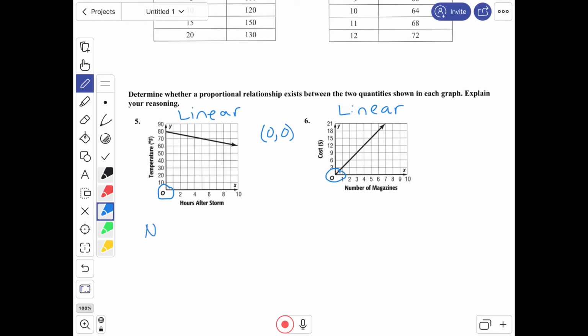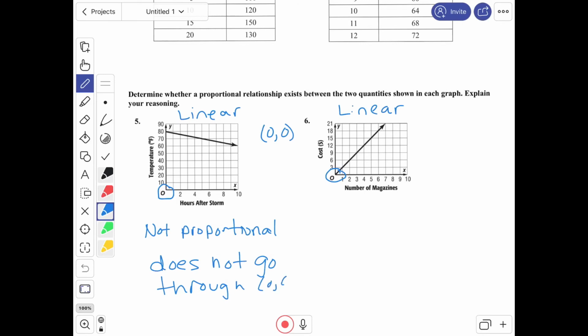And this one on the left, number 5, does not go through the origin, so it is not proportional. And our reason is because it does not go through 0, 0. Number 6 does go through the origin, and it is a straight line.